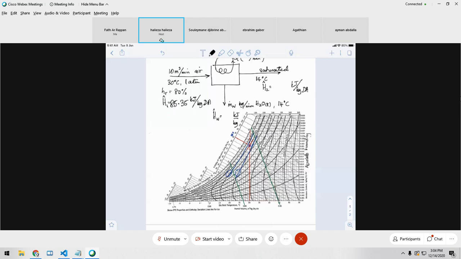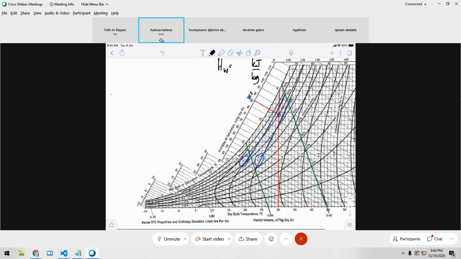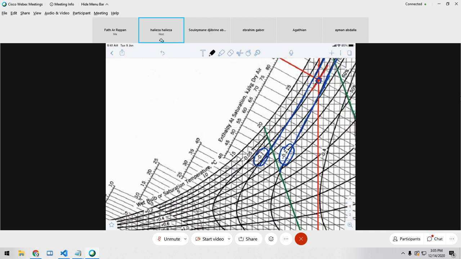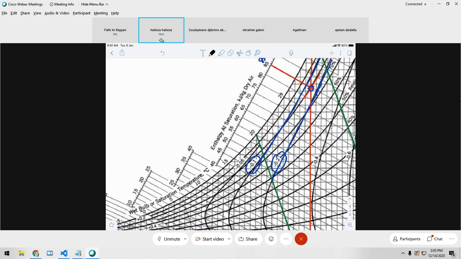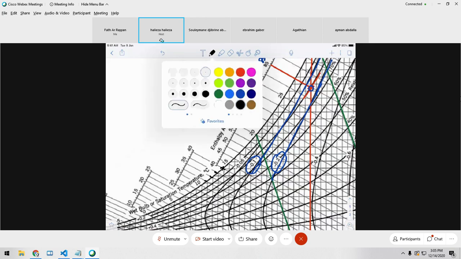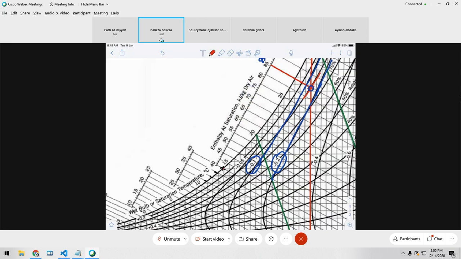Okay, so next I need to do the same thing for the outlet. The outlet is at 14 degrees C. I can know where 14 is because on the 100% saturation curve, that's 10, 11, 12, 13, that's 14. So it should be there. If I project from that point to the enthalpy scale, I should come up to a value of what?